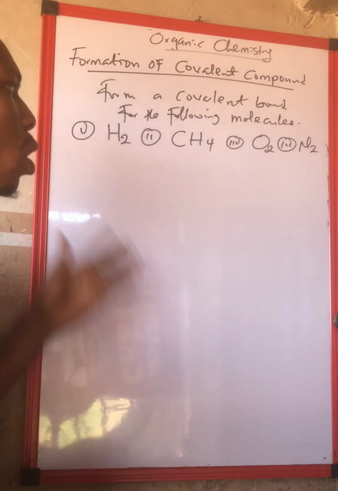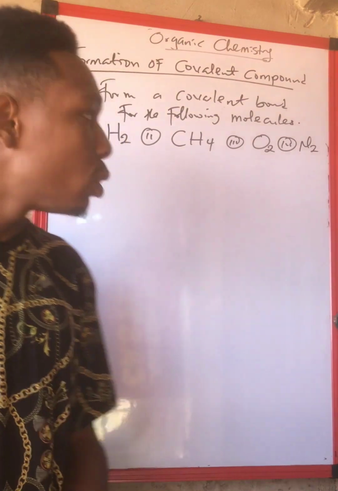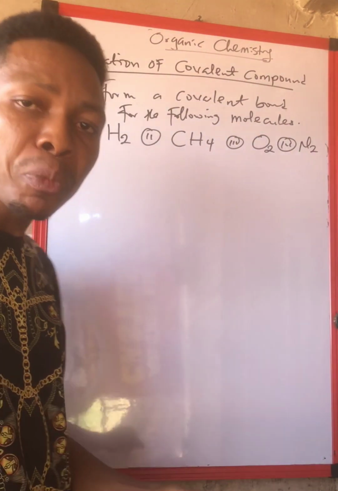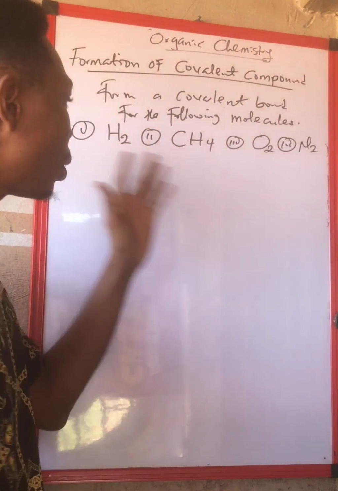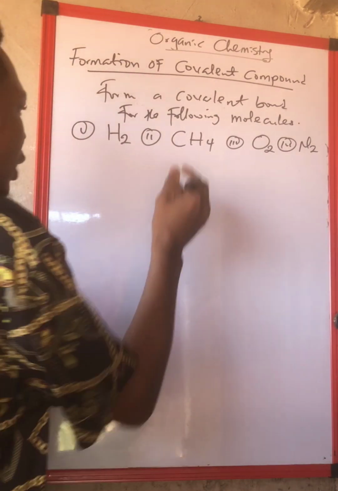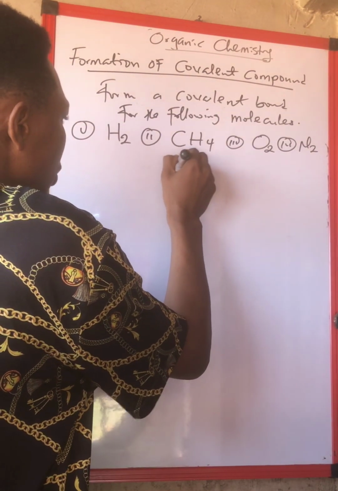All these are nonmetals. Now, in forming a covalent bond, for the first one, which is the hydrogen molecule.